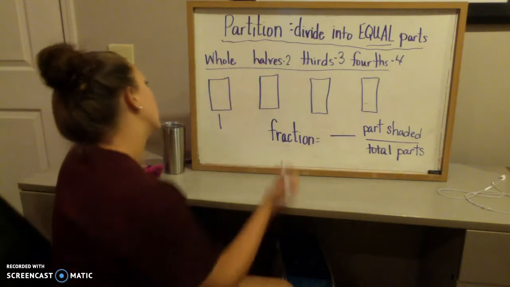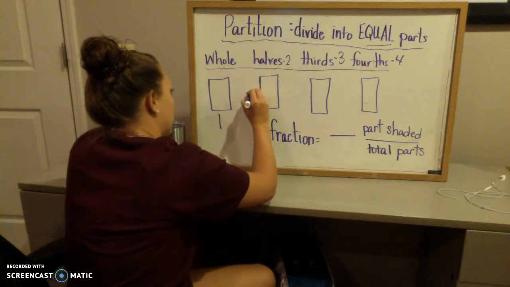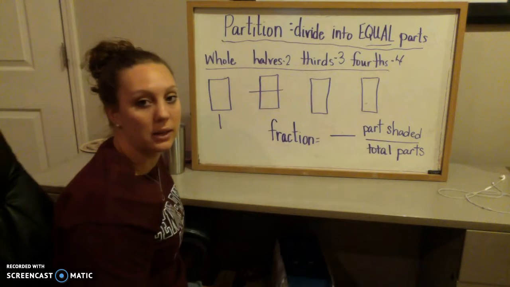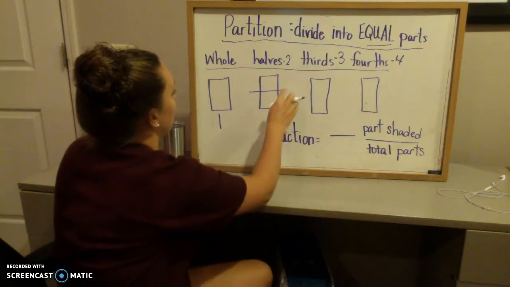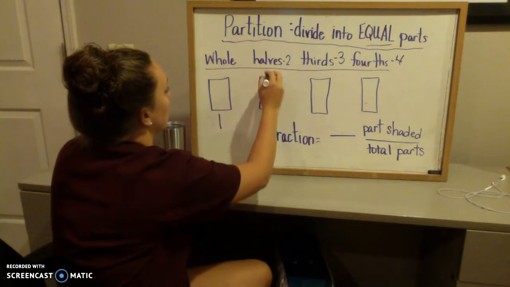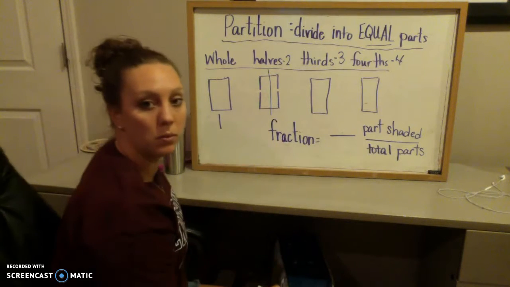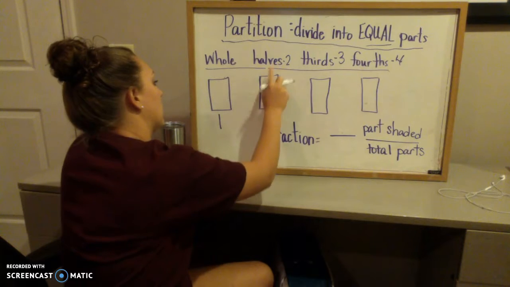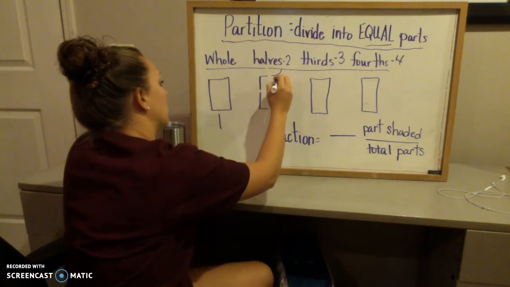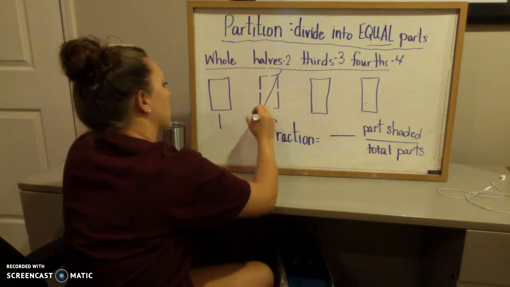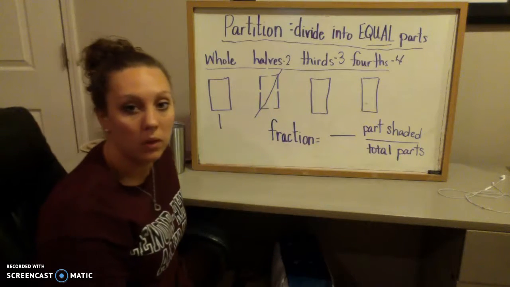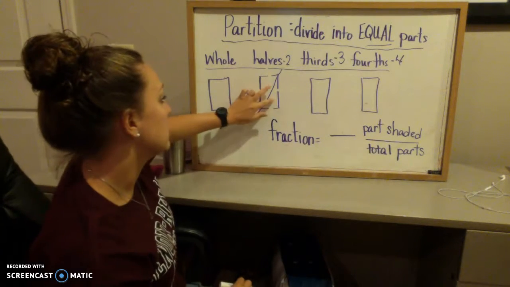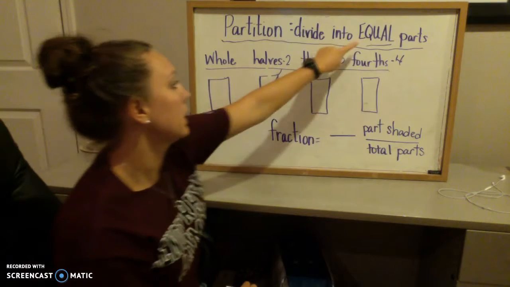Now if I were going to make this into halves, I could either do it the same way I did the circle. I could half it right down the middle, like this. Or I could also diagonal this one as well, just as long as these two pieces are completely equal.